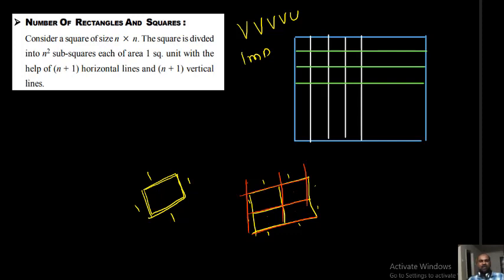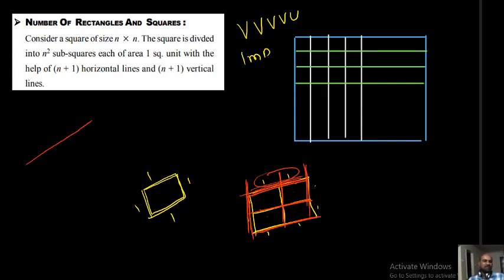Okay, 3 vertical lines and 3 horizontal lines are required here to make a square of 2 units, divided into 4 squares of 1 unit. The length of the square is 2 units, and the breadth is 2 units. Side means 2 units only. What is the meaning of that?